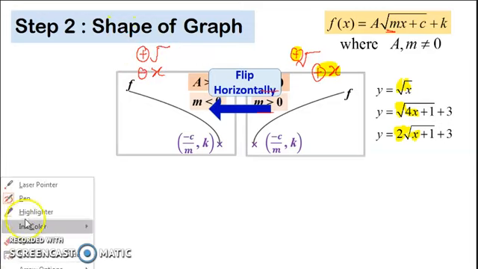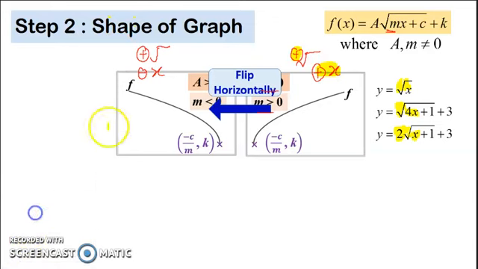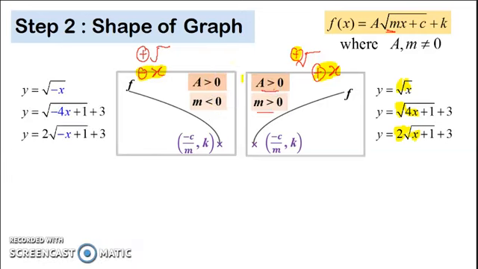So I switch the sign on the x, and if I switch the sign of the x, I need to flip horizontally. The idea here, you must take notes. These are the examples: I switch the sign on the x from positive to negative, the square root is still maintained as a positive square root, and now you see the shape of the graph is flipped horizontally.